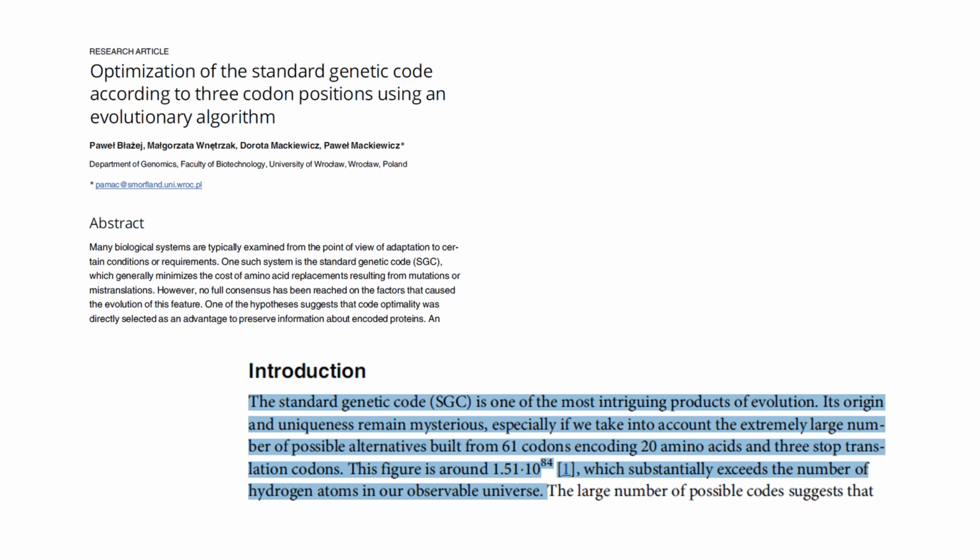And the point I want to make is that when we said there are 2.4 billion, that was keeping the block structure of the table the same, but shuffling the names of the amino acids. But I don't have to keep the block structure the same.